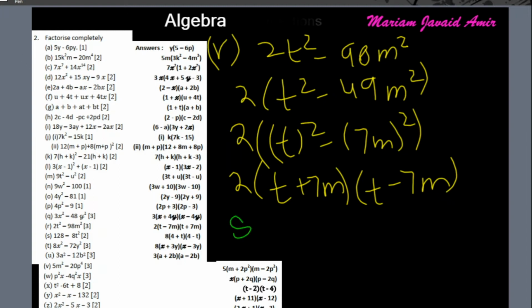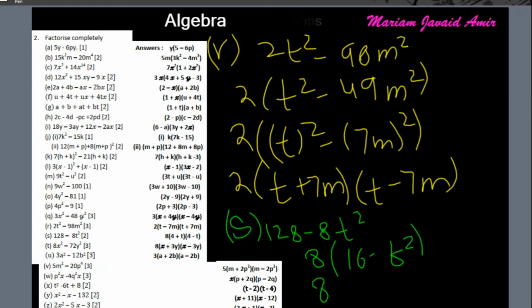Part S is 128 minus 8t square. So what is common between 128 and 8? I believe that is 8. If I take 8 common, 128 divided by 8 will be 16 minus t square.